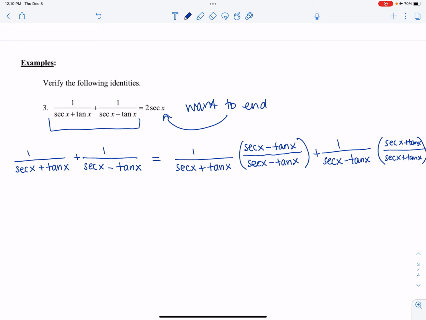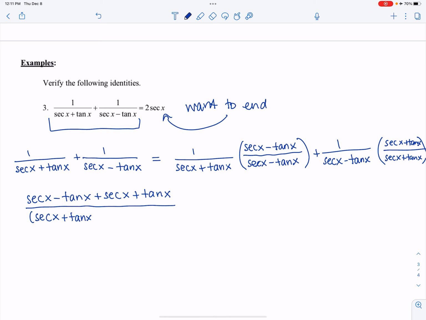We have secant x minus tangent x plus secant x plus tangent x, all over secant x plus tangent x times secant x minus tangent x.